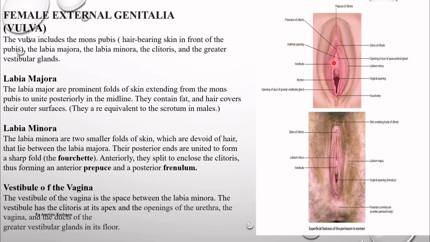It may be present, it may be absent, in virginal women. Then draining into the vaginal opening we have the greater vestibular glands. They secrete mucus and fluids there, which acts in the sexual act, coitus or sexual intercourse, so that it's not painful, right?